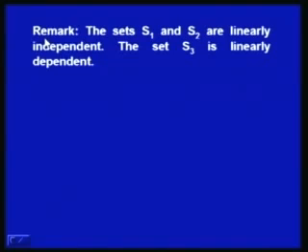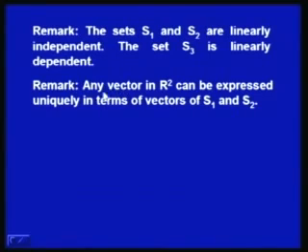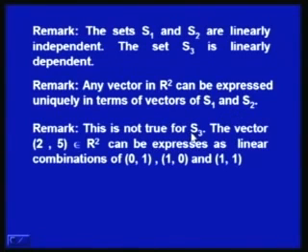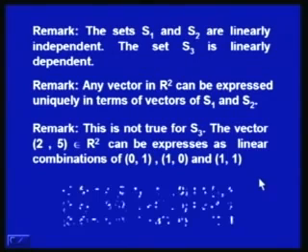On the basis of this, we can make some remarks. One can notice that the sets S1 and S2 are linearly independent, while the set S3 is linearly dependent. Also, any vector in R2 can be expressed uniquely in terms of the vectors of S1 and S2, as we have observed. But for the third set S3, this is not true, because a specific vector 2, 5 belonging to R2 can be expressed as a linear combination of these vectors in many different ways.